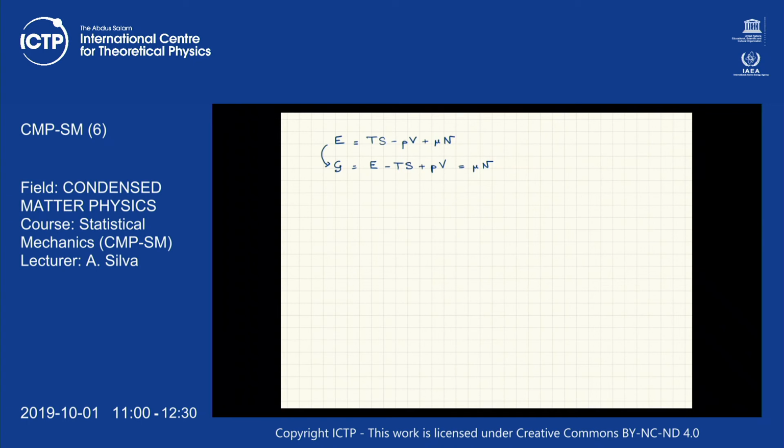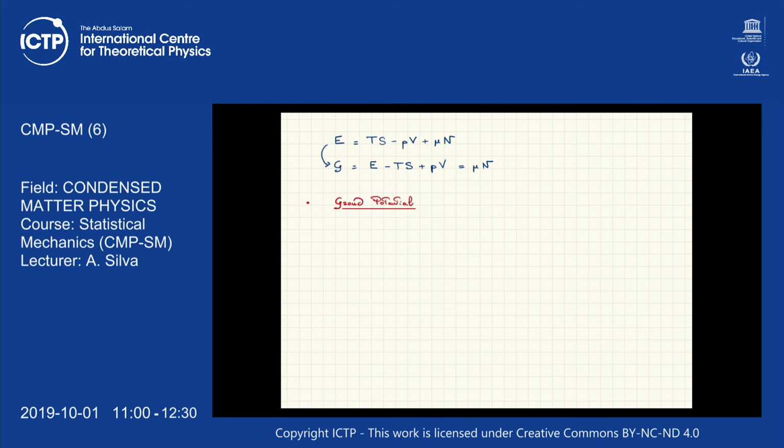Now, what about the last one? The last one is called the grand potential, which is, you know, a great name to have. It's the potential that is connected to the grand canonical ensemble.